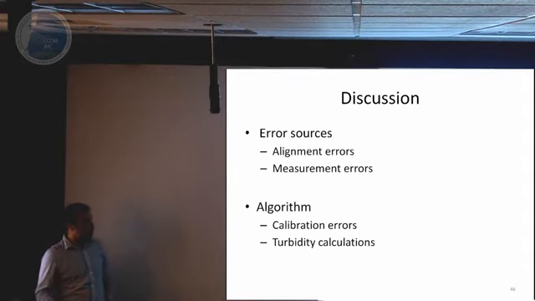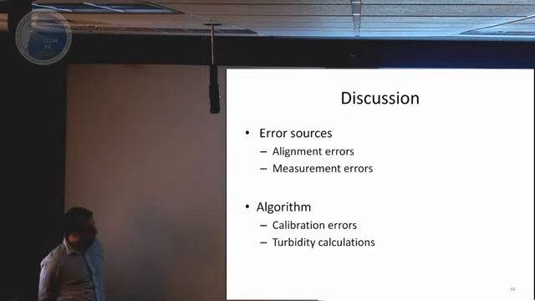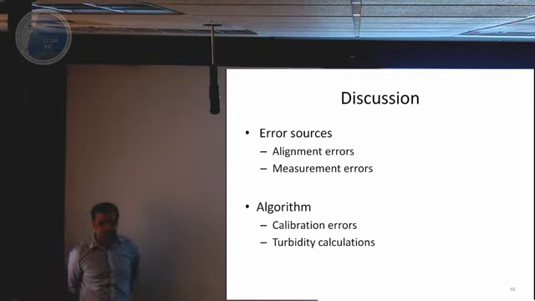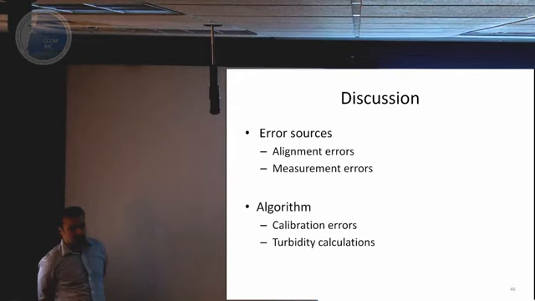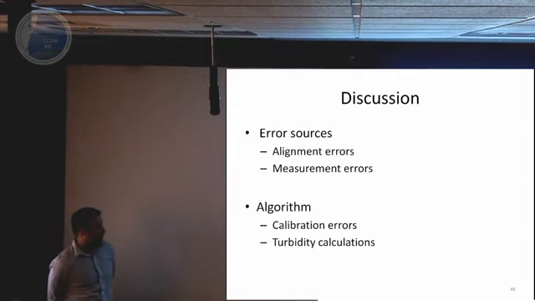For external alignment, we don't care much because we trust the motion carriage developed by Pete. But internal alignment is a problem, so we had to go back and repeat the experiment several times because of these alignment issues. And also the measurement errors, since we have to take some measurements by hand.